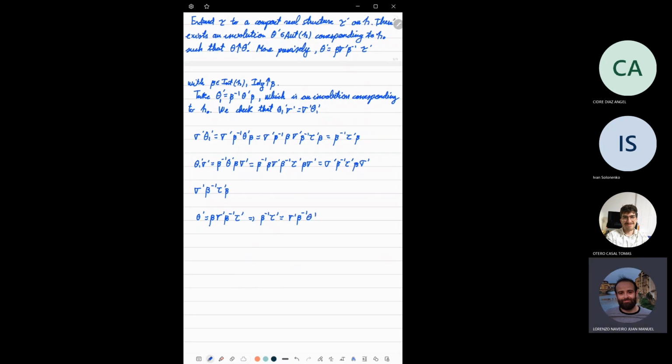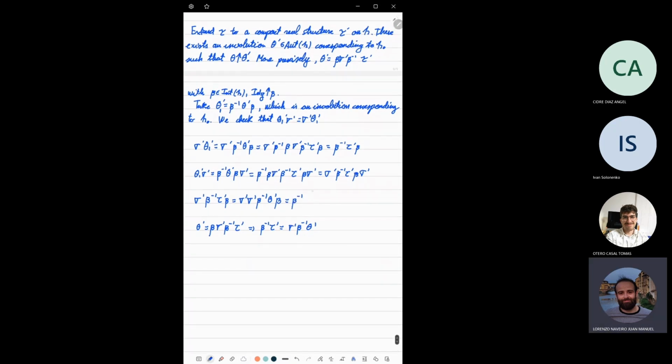So now this is all equal to, let's see, sigma prime beta minus 1 beta prime with beta. So this is equal to beta minus 1 beta prime beta.